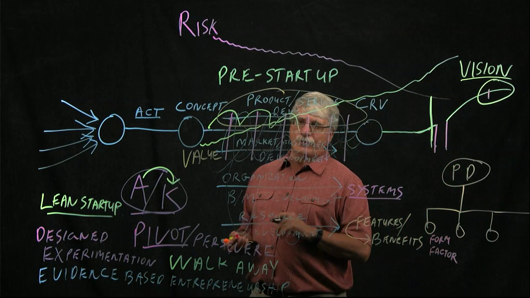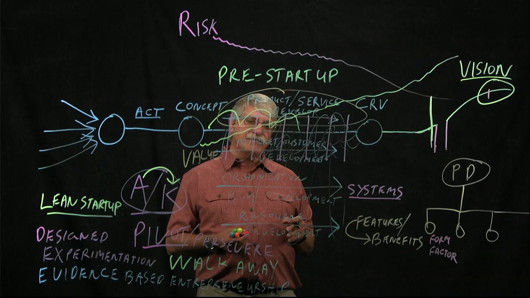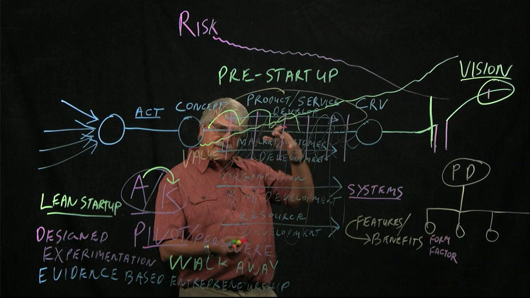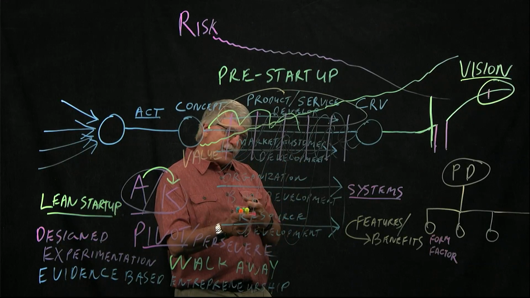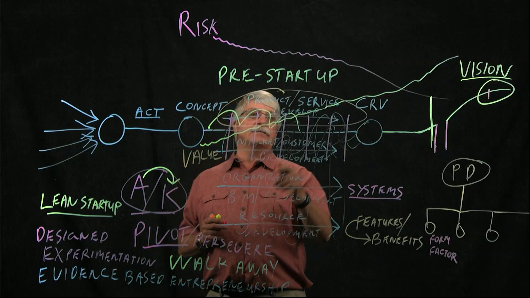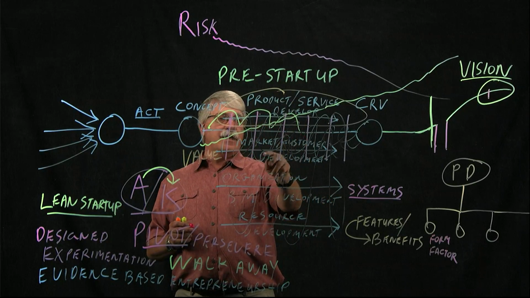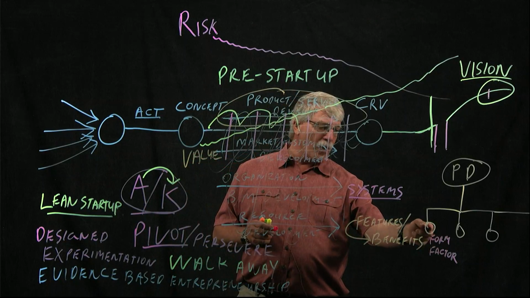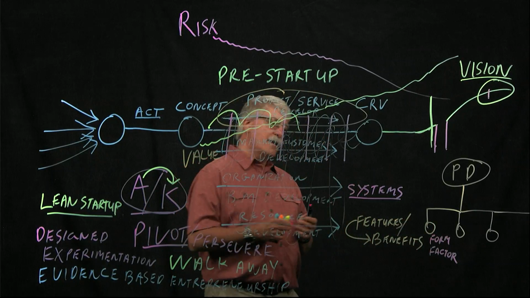So what does the product have to look like? Is it round? Is it square? How big does it have to be? How small does it have to be? What does the footprint of the product have to look like? Ultimately, as you're designing it, you want to get feedback from the market on what the product has to look like.